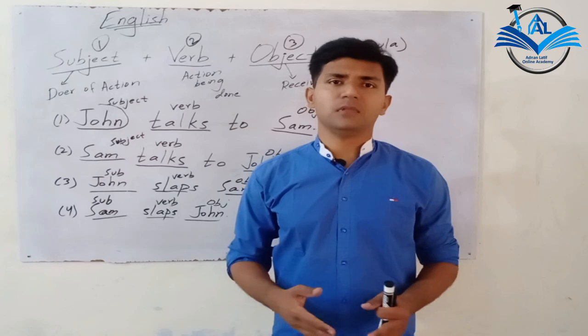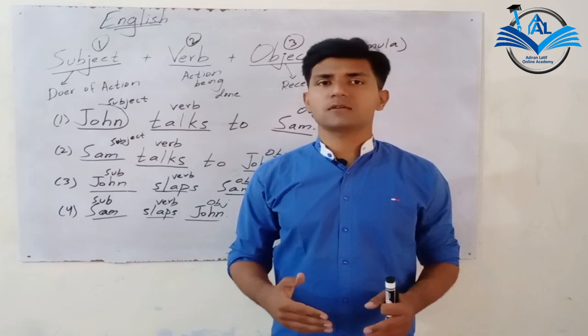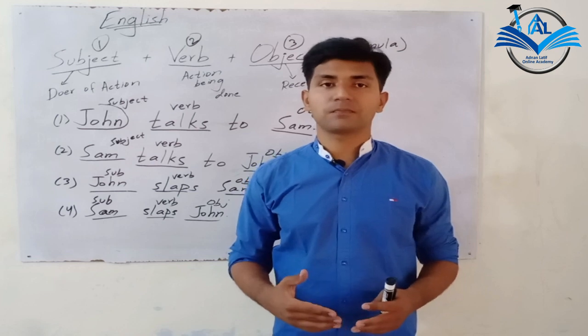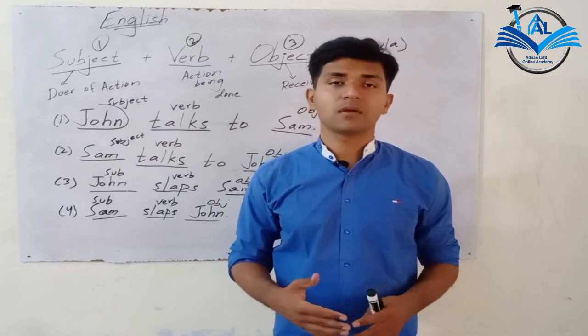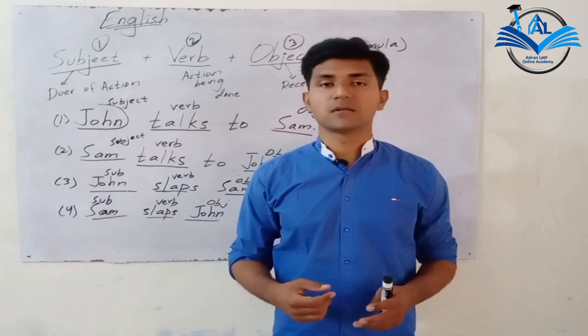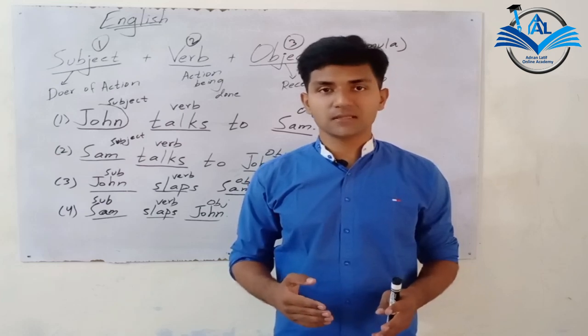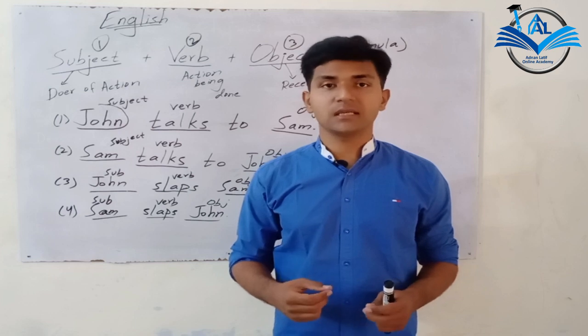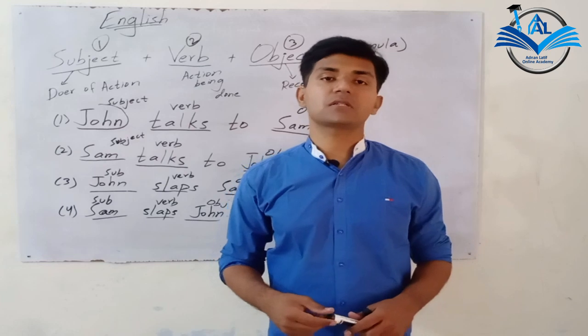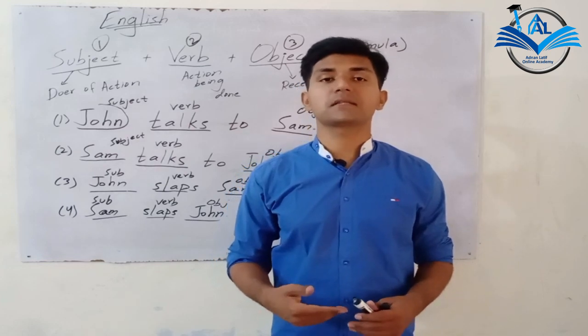Another example: there is the word killer and kill and killed person, or murderer or murdered. So killer is subject, to kill is verb, and the person who is killed, the killed person, is object.